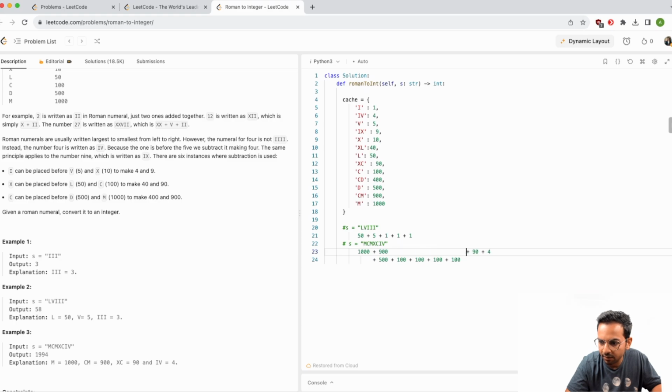And 90 would be just 50 plus 10 plus 10 plus 10 plus 10. And what are we going to do with the 4s? 4 could be written as 1 plus 1 plus 1 plus 1.